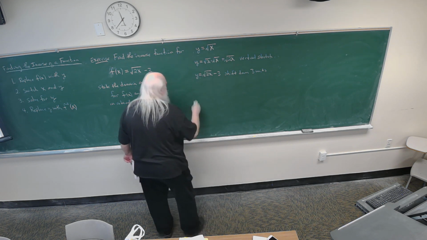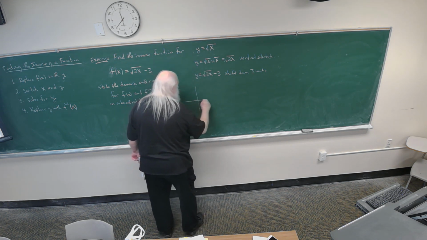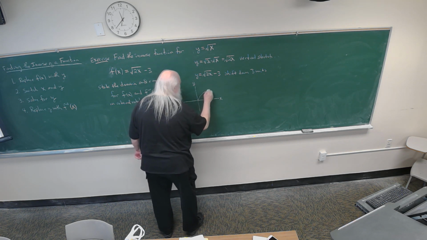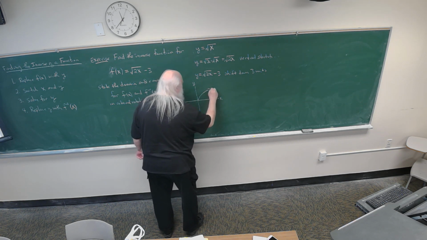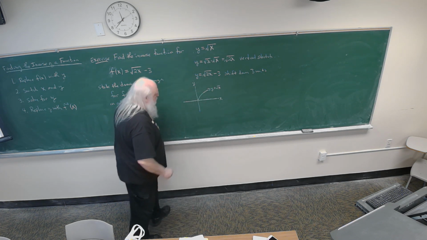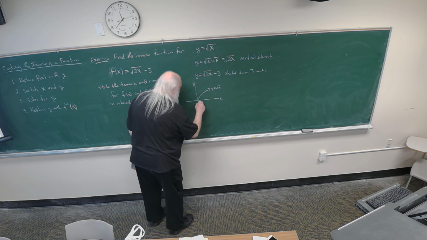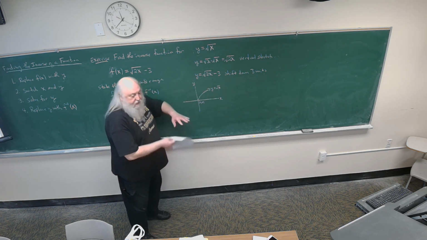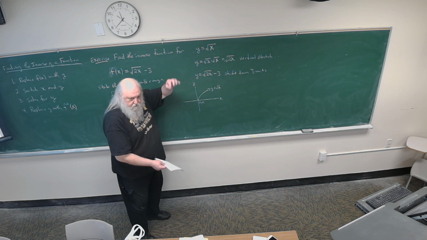So the graph of the square root function starts at the origin and looks like this, right? This is y equals square root of x. So it starts here at the origin. And when I multiply by square root of 2, right, it vertically stretches it, okay?